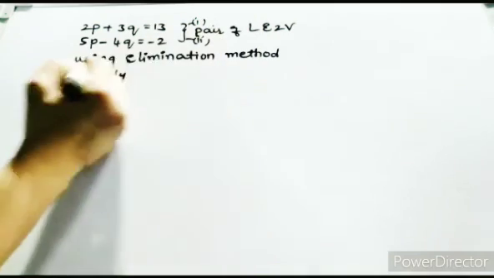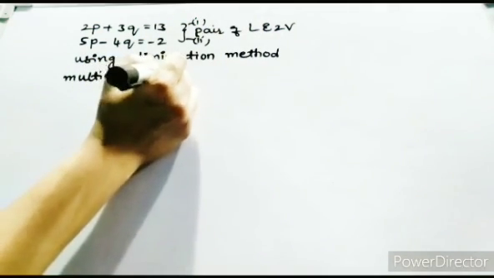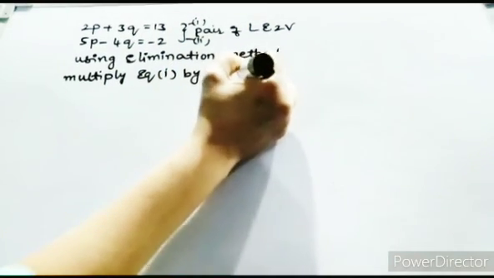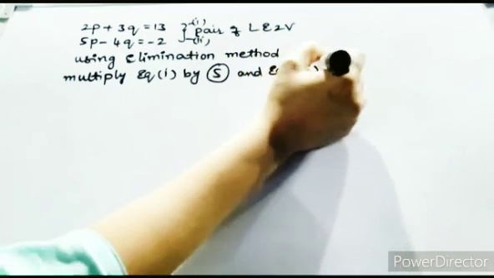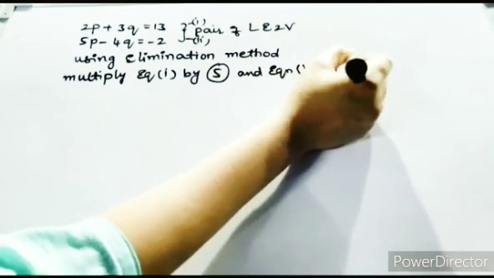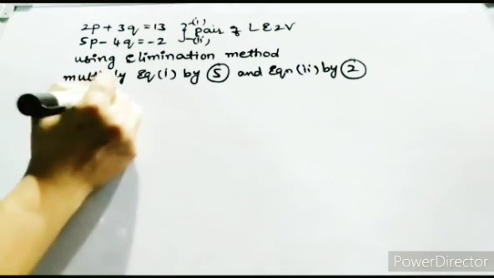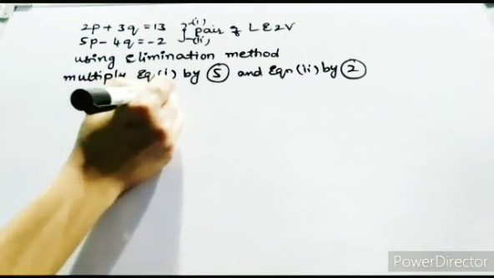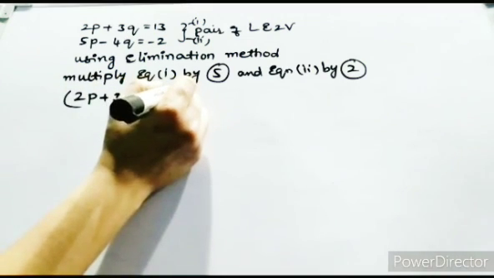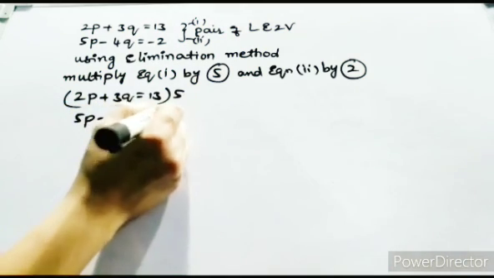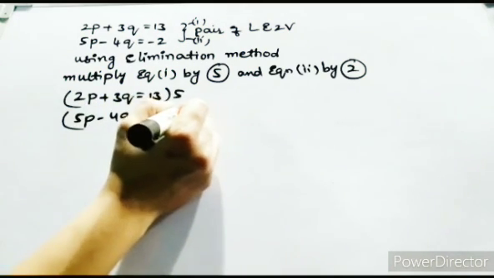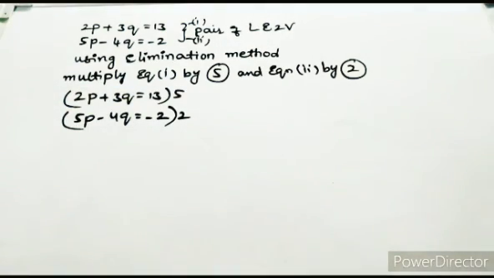Suppose this is your equation 1 and this is your equation 2. 2p plus 3q is equal to 13 into 5, and 5p minus 4q is equal to minus 2 multiplied by 2.